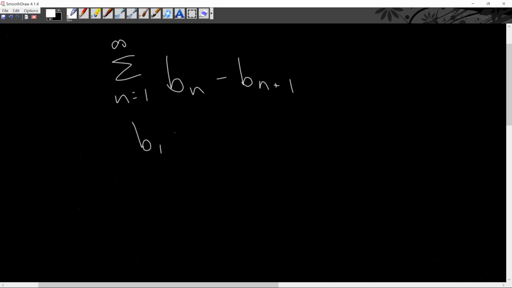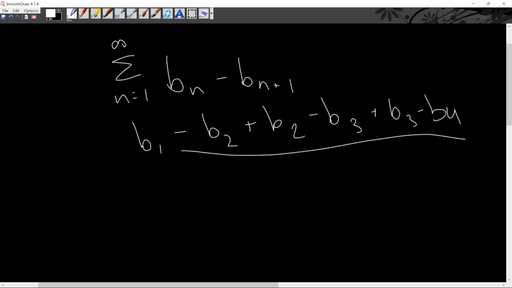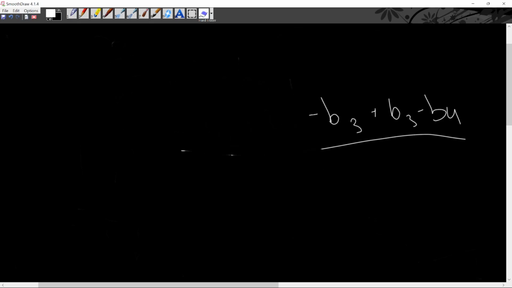You start at b1 minus b2, and then you add b2 minus b3, and then you add b3 minus b4, and you go on and on, but the first value is the actual sum of that series because everything else is being added and subtracted. You might say, oh, well, that's not converging to anything, but it does because every other term is being canceled, and there is a real value that you have approached from the first term.